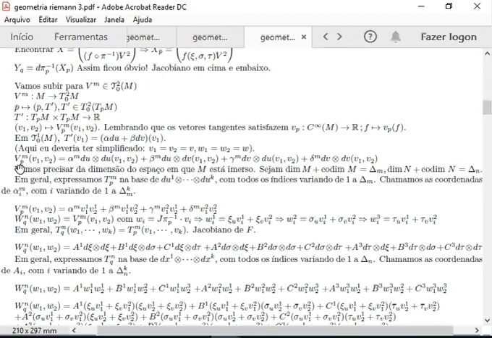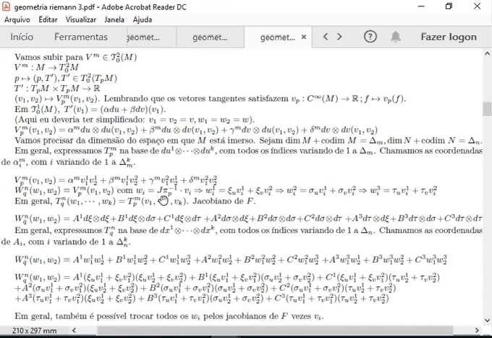The second most simple case: the basis of T01 of M is du, dv. The basis of T02 of M is du du, du dv, dv du, dv dv. We're going to need the dimension of the spaces where M is immersed. Delta M is the dimension of M plus the codimension of M. Delta n is the dimension of n plus the codimension of n.